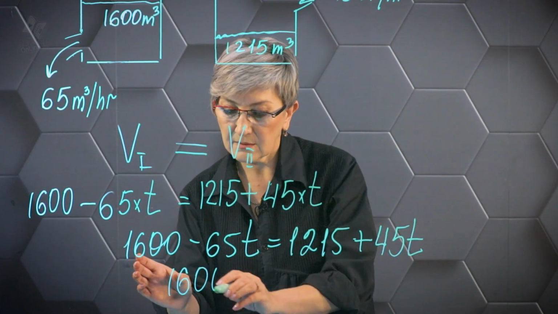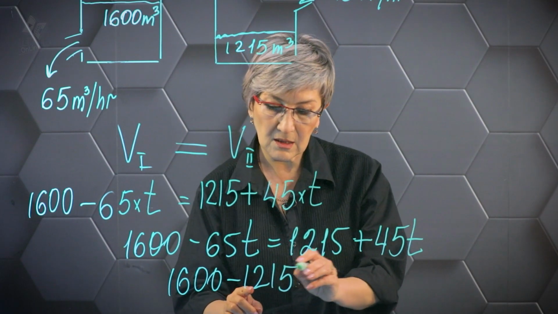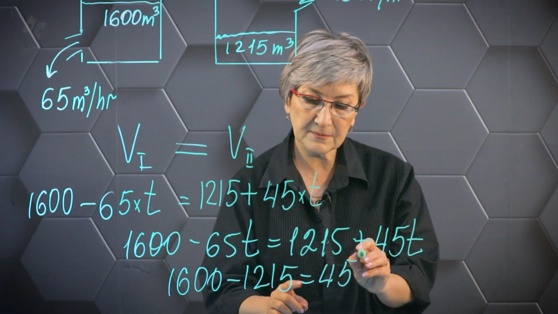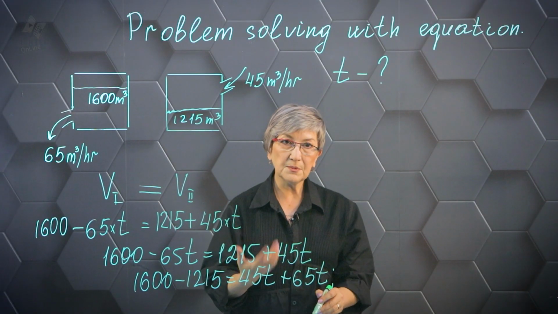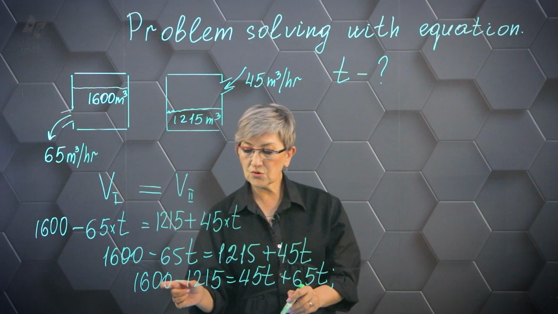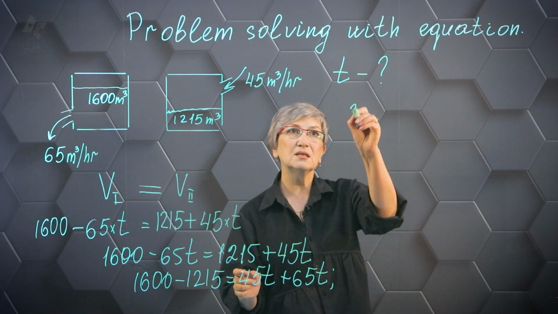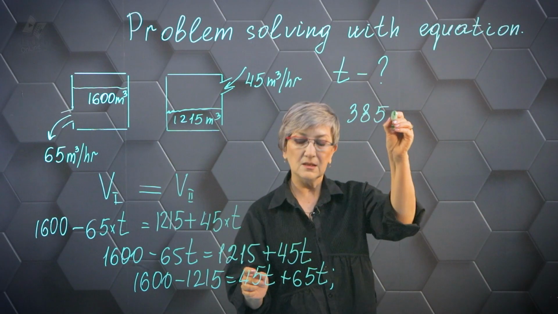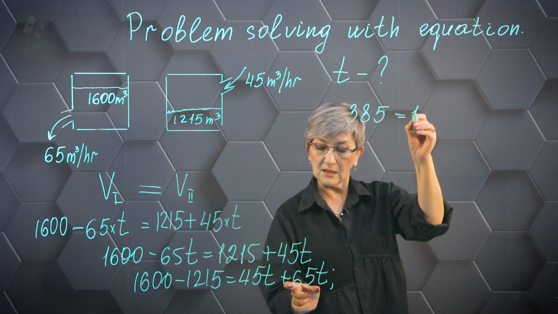I'm going to put the numbers on the left side: 1,600 minus 1,215 equals 45t plus 65t. Now let's solve the resulting equation. The result is 1,600 minus 1,215 is 385, equals 45t plus 65t, which is 110t.